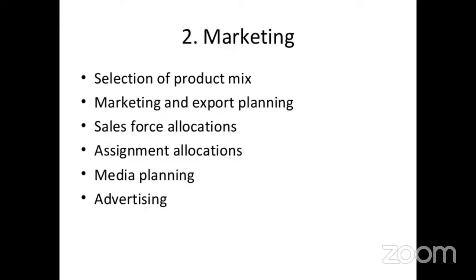That technique is applied in business, in the marketing area. So marketing exploration, sales force allocation, assignment allocation, media planning, advertising. In the marketing area also, you are applying this operations research technique and finding out the best solution.